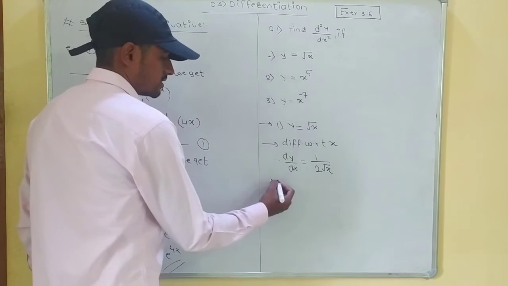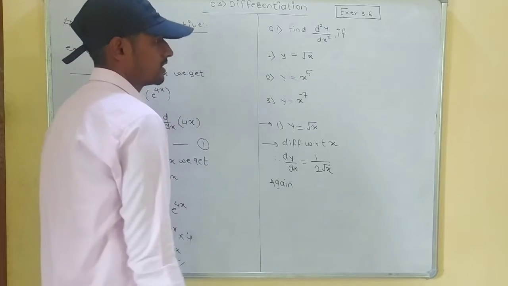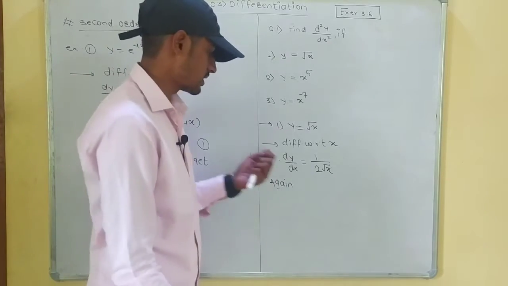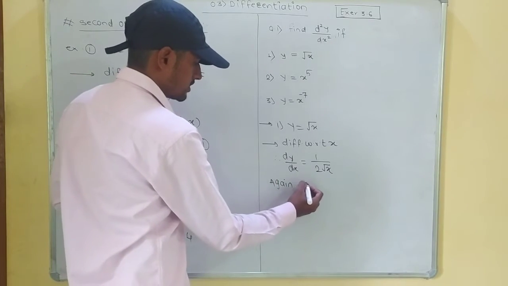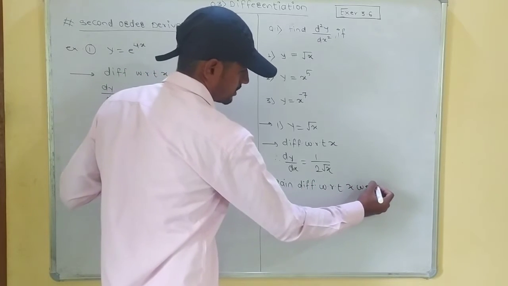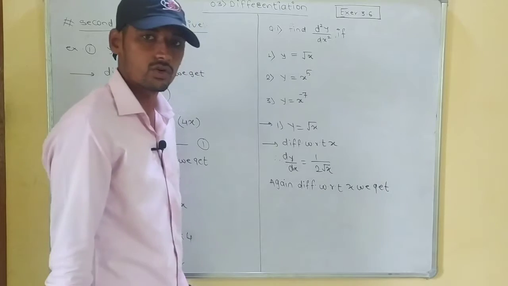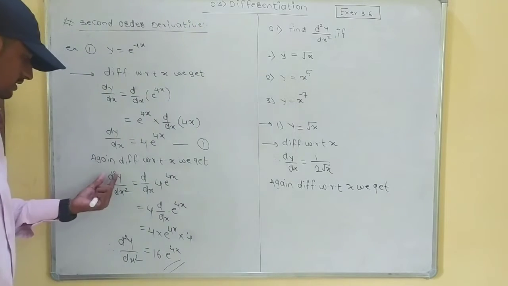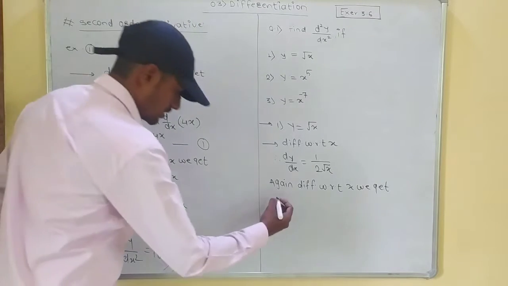Again differentiate, we have to find the second order derivative. So once again differentiate with respect to x, we get. So the second order derivative is denoted like this, d square y by dx square.